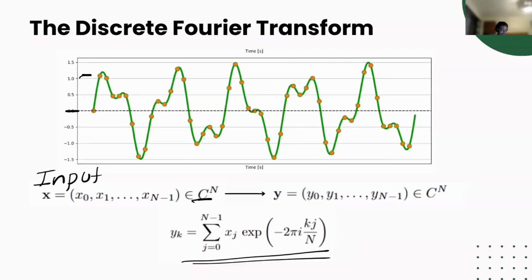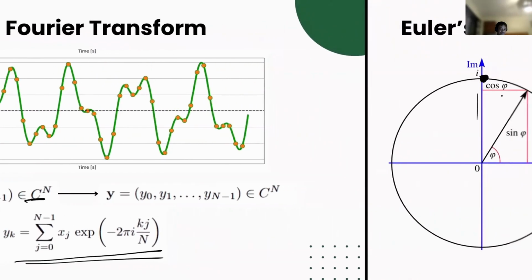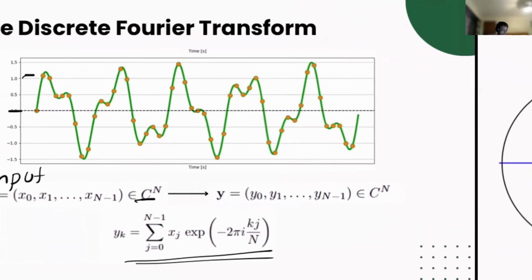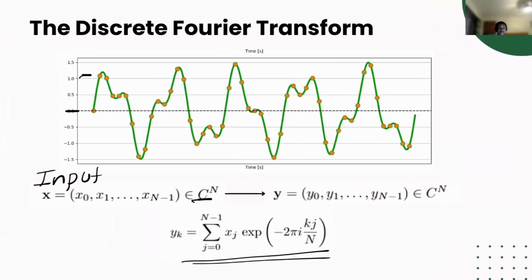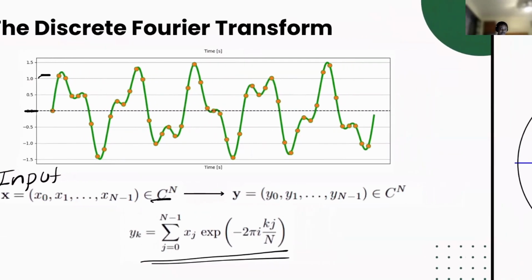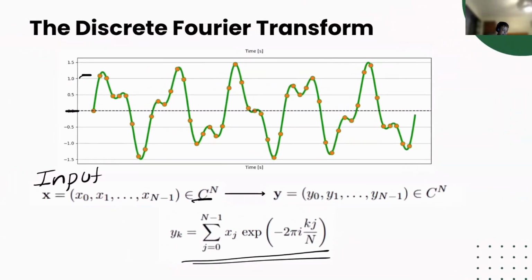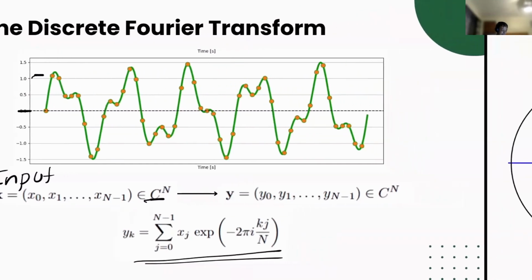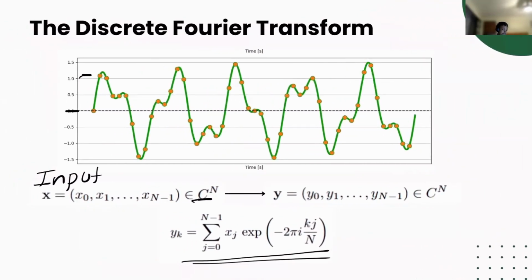And so this is a list of length n. Yes, exactly. C can be complex numbers, or these values can be complex numbers, excuse me.